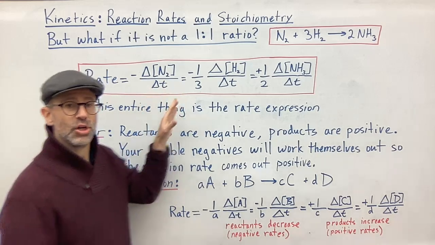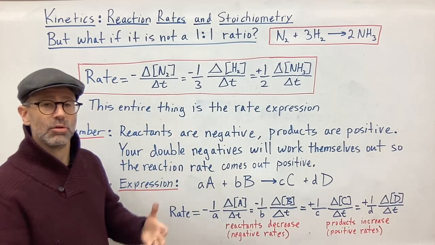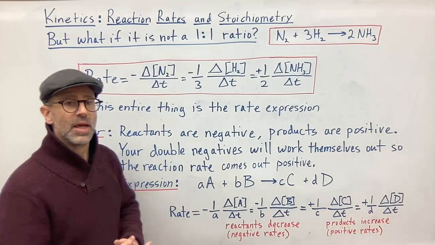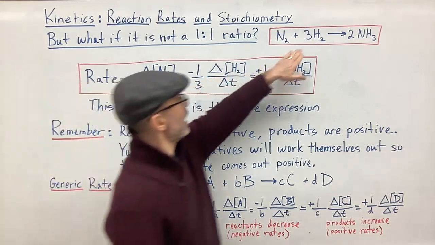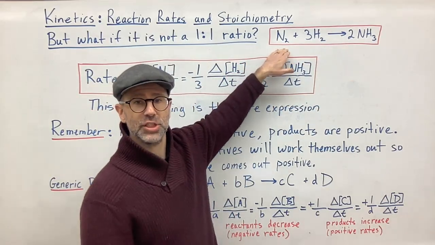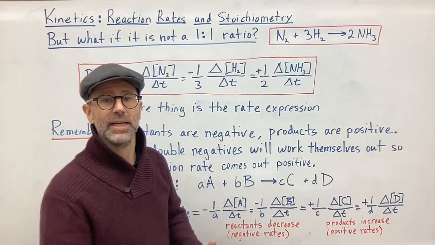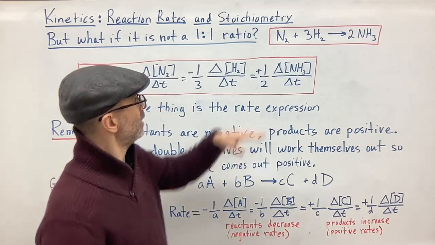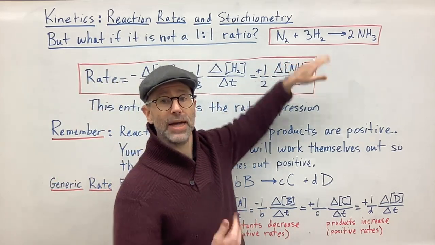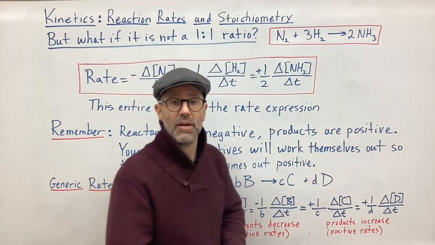To make sure that all of the expressions we get for the reactants and products are equal to each other, and that those are all equal to the rate of the reaction, we have to divide by the coefficients. Notice that the rate at which nitrogen is disappearing, or being used up, is 1/3 that of hydrogen being used up. Or hydrogen is being used up 3 times faster than nitrogen.